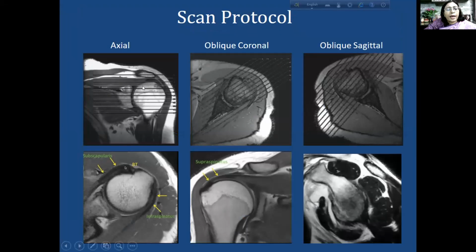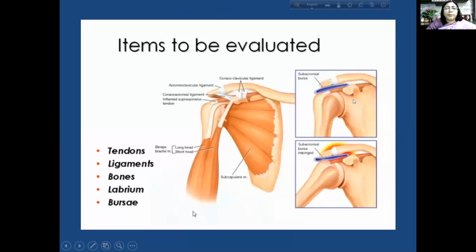We start the axial image a few slices above the acromioclavicular joint, go through the glenohumeral joint up to the upper part of the humerus, and we cut the coronal oblique image parallel to the axis of the axial plane or parallel to the tendon of the supraspinatus muscle. And we go for the sagittal oblique image, which is parallel to the glenoid labrum or at a right angle to the axis of the axial image.